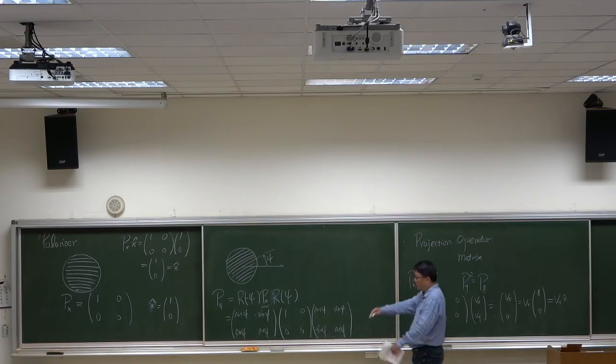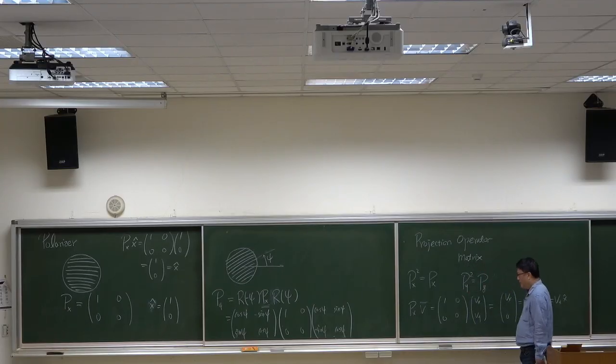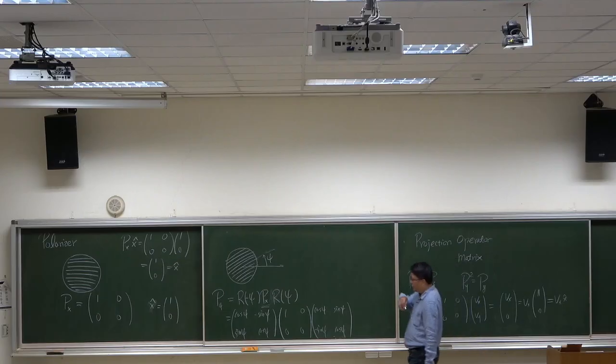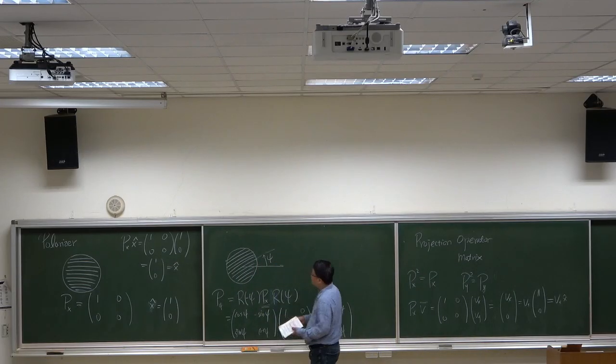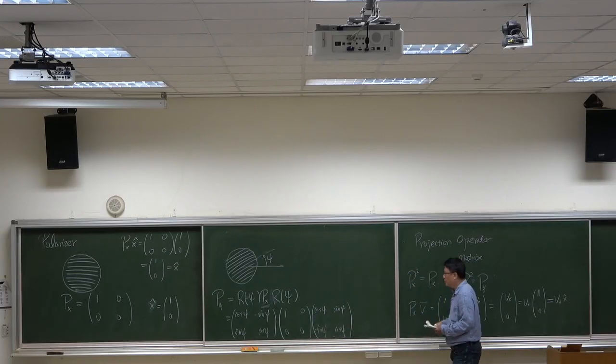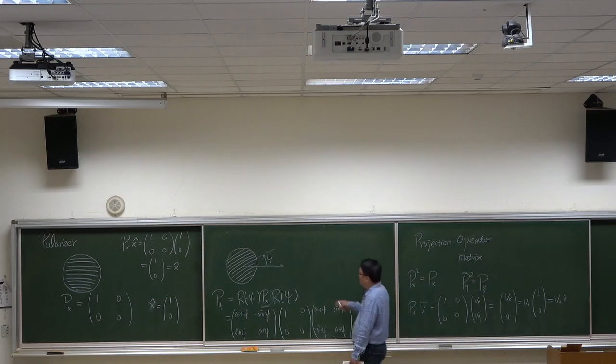You can multiply them and find the final result of the representation of this polarizer.